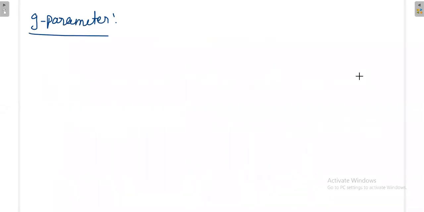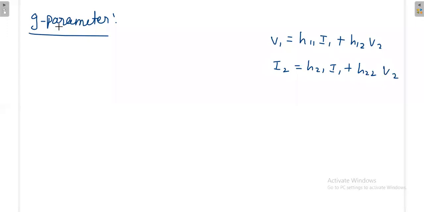That's why first you write the H parameter, because you have to remember it. V1 is equal to H11 I1 plus H12 V2, and I2 is equal to H21 I1 plus H22 V2. Again, to get the G parameter from the H parameter, you already have the H parameter, then you have to go to the G parameter.